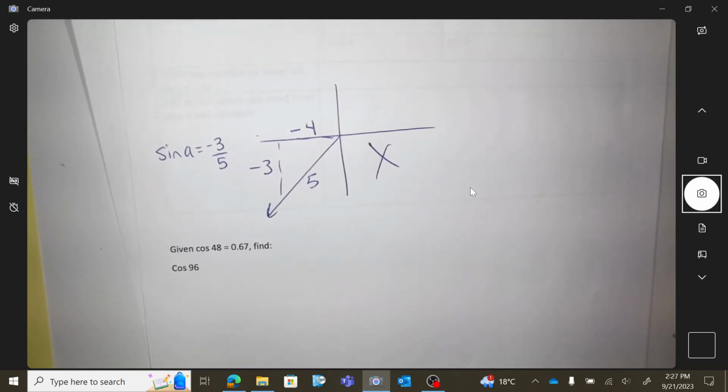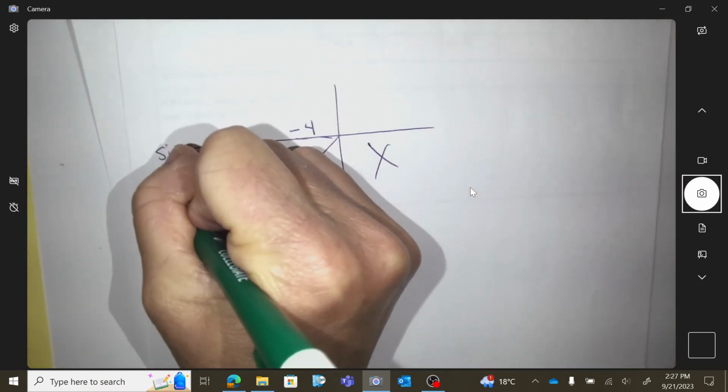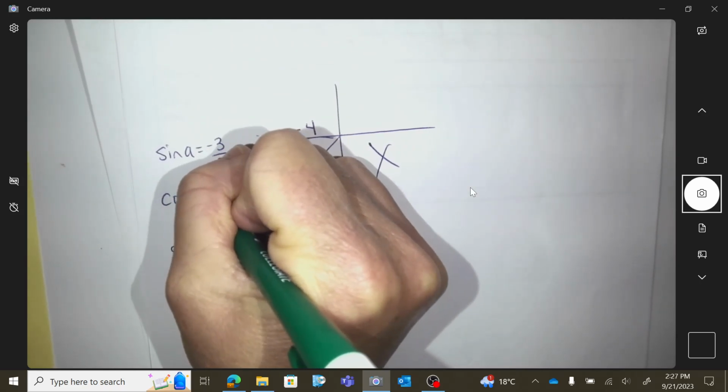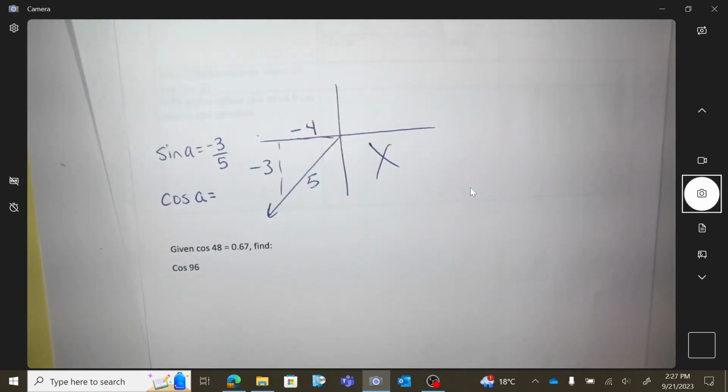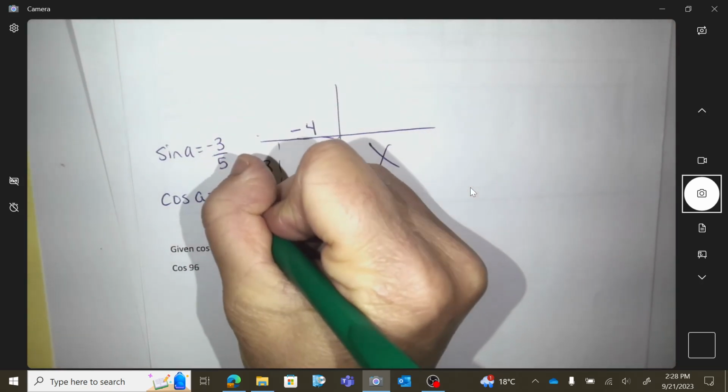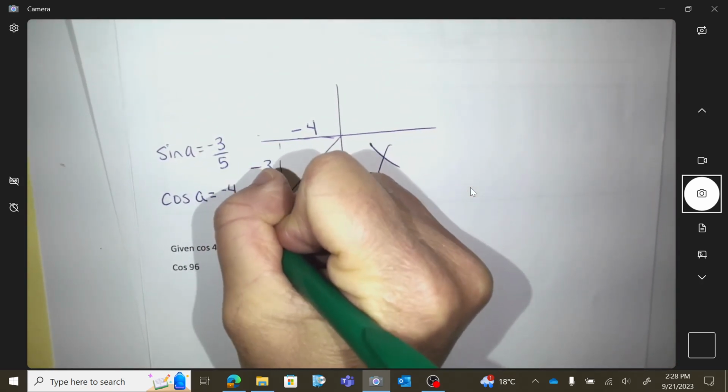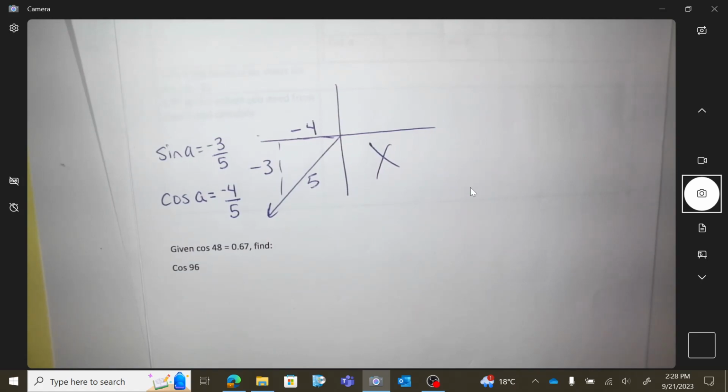It's negative, right? Okay, let's write the cos of A is what over what? Okay, and all I'm doing is my XYR stuff here. X over the R. Okay, so this is preliminary work.